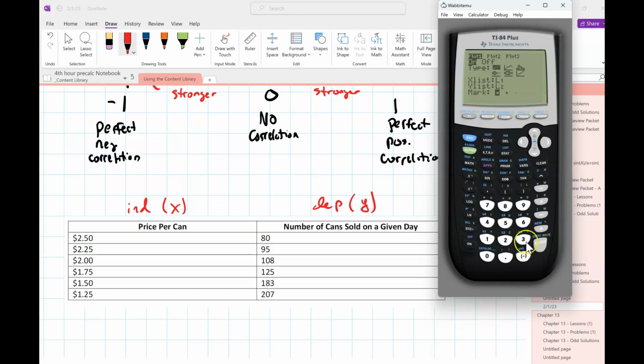So I could just press second and the number 3, and I could change that to L3 if I needed to. I don't, because I typed mine into L2. So I'm just going to change that back to L2. And then the last one is just what do you want the points to look like? I like the boxes because they're easiest to see. So I usually just leave it on the box default.